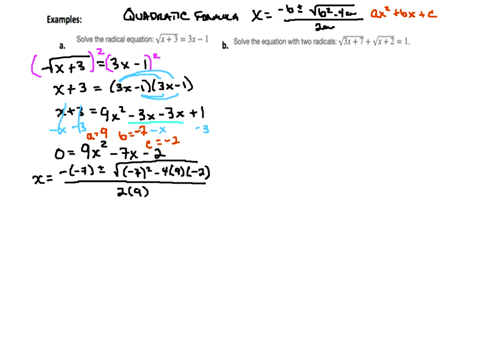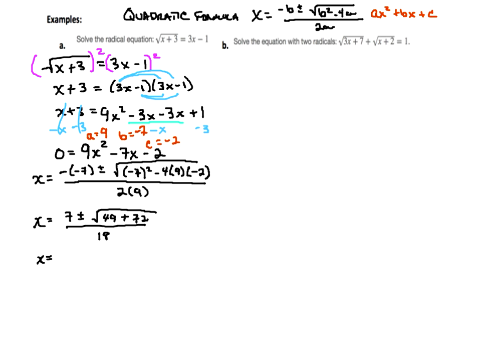And then I just simplify from there. So x equals 7 plus or minus the square root of 49 plus, let's see, what is that, 36 times 2, which is 72, over 18.